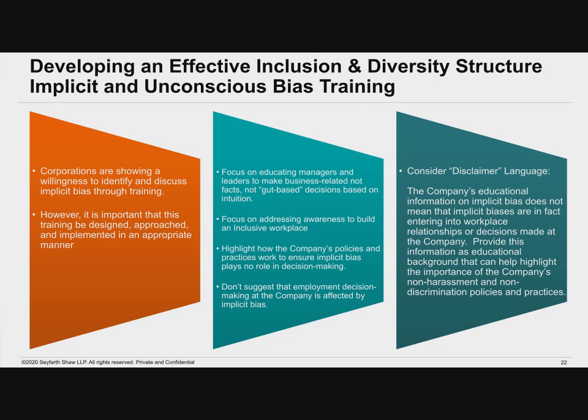So we recommend also that you consider disclaimer language in this type of training, essentially saying that a company's educational information isn't admitting that implicit bias is present in every decision made by the company, but instead it's for purposes of education.